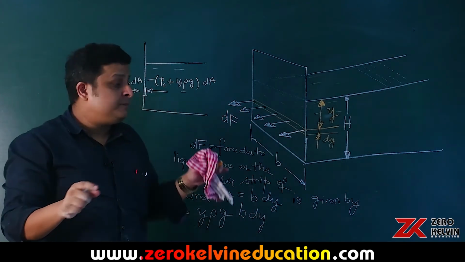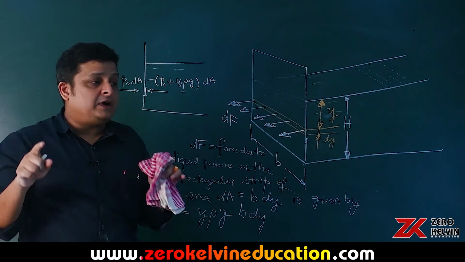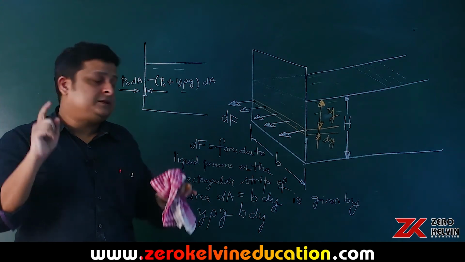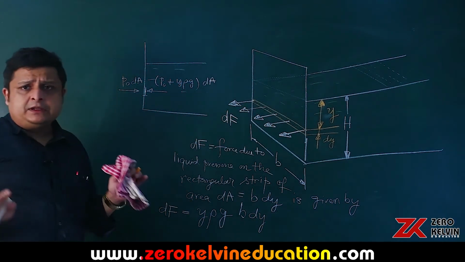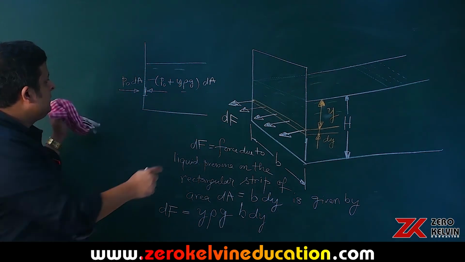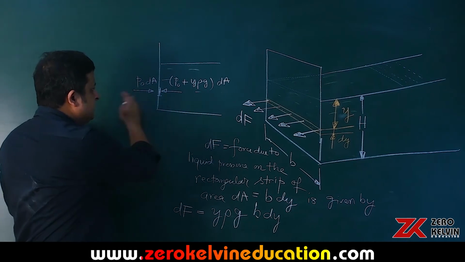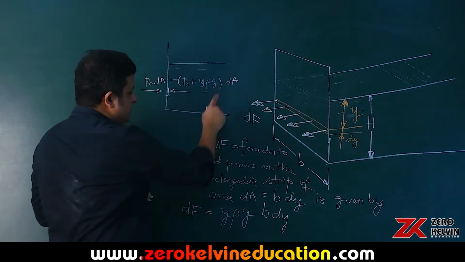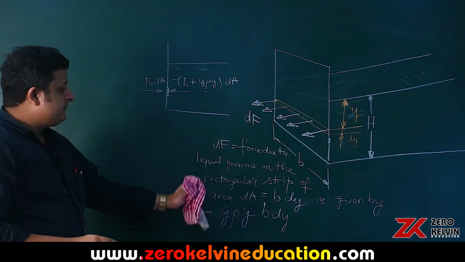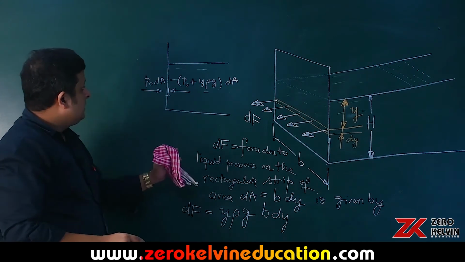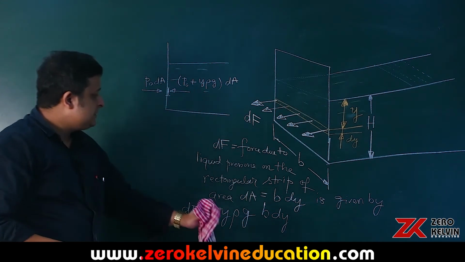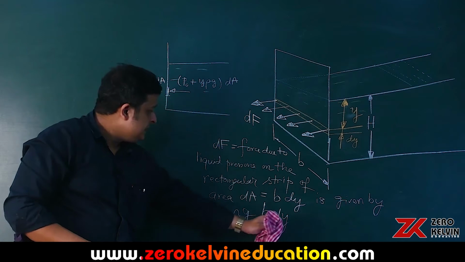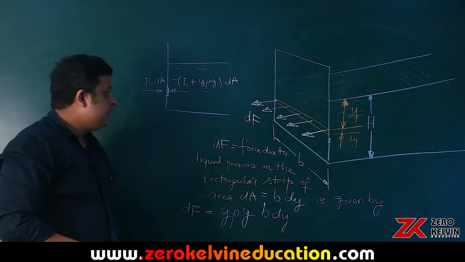It's a huge pressure. P naught is 10 to the power 5 Newton per meter square. By the way, that is not taken into account because it acts from this side and this side, both sides. So the only thing which survives here is Y rho g times dA. So dF is Y rho g times dA. dA is equal to B dy.